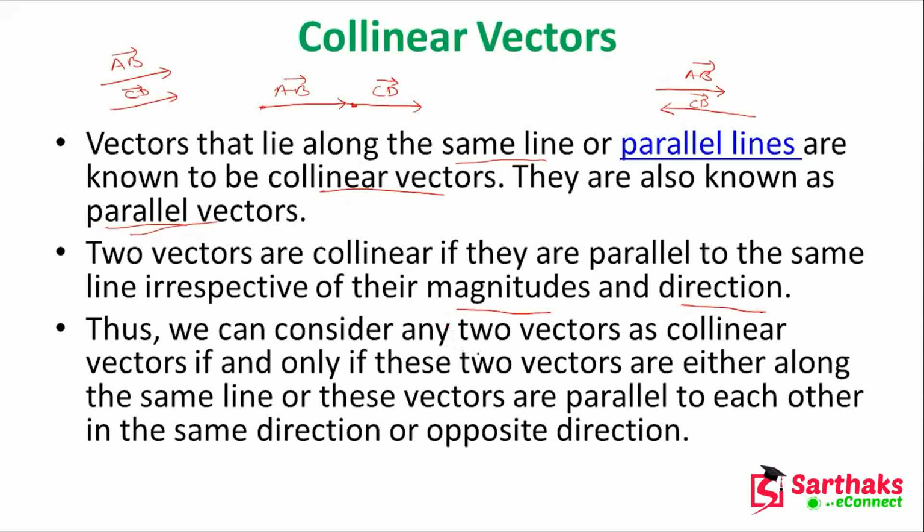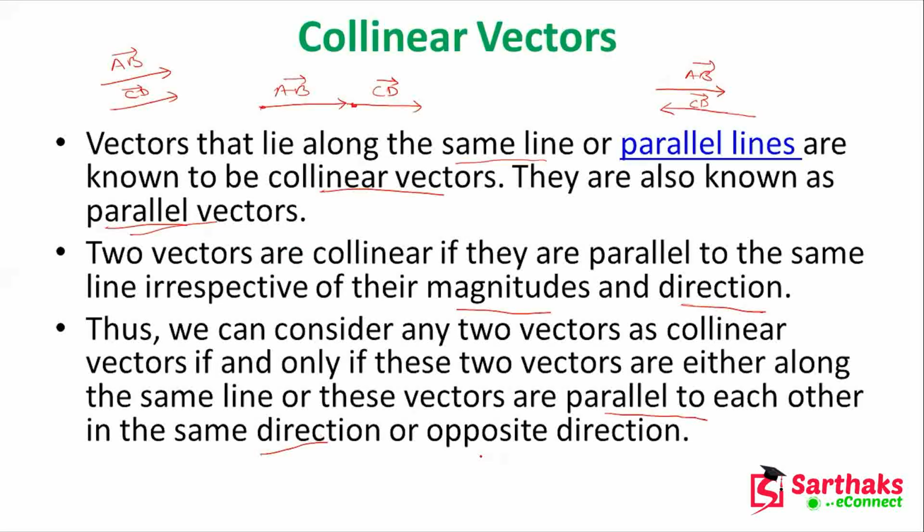Thus, we can consider any two vectors as collinear if and only if they are either along the same line, or parallel to each other in the same direction or opposite direction.